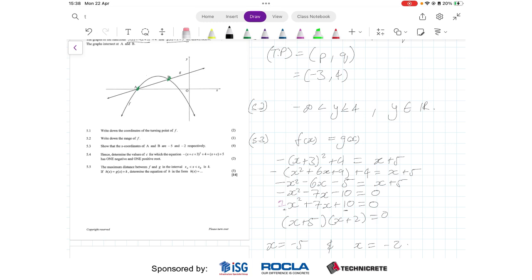The next one wants us to determine the values of c for which the equation -(x + c + 3)² + 4 = x + c + 5 has one negative root and one positive root. So if our graph is to have one negative root and one positive root, then our graph of f would have to shift to the right.